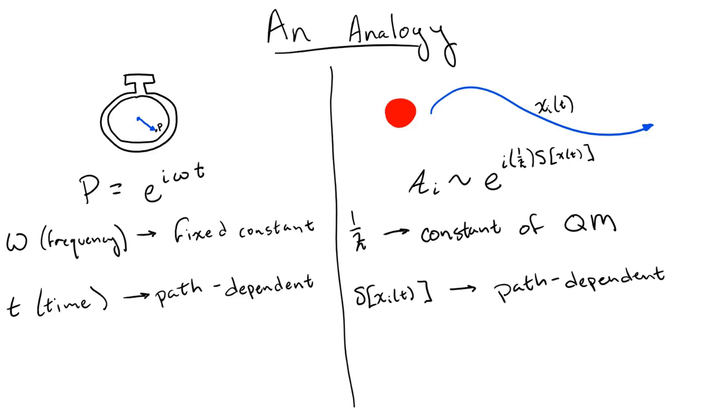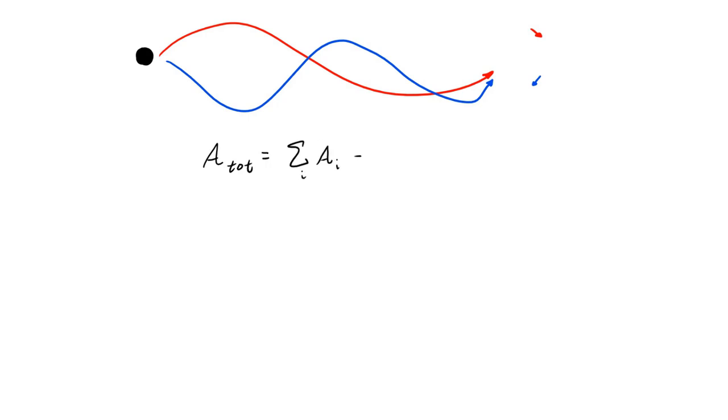So, let's by analogy identify the frequency of the stopwatch with 1 over h bar, and the time elapsed with the action. Then we can think of the amplitude of each path as the final orientation of the hand of the stopwatch, and then we find the final amplitude by attaching all of the stopwatch hands head to tail and draw an arrow from the first hand's tail to the final hand's head.